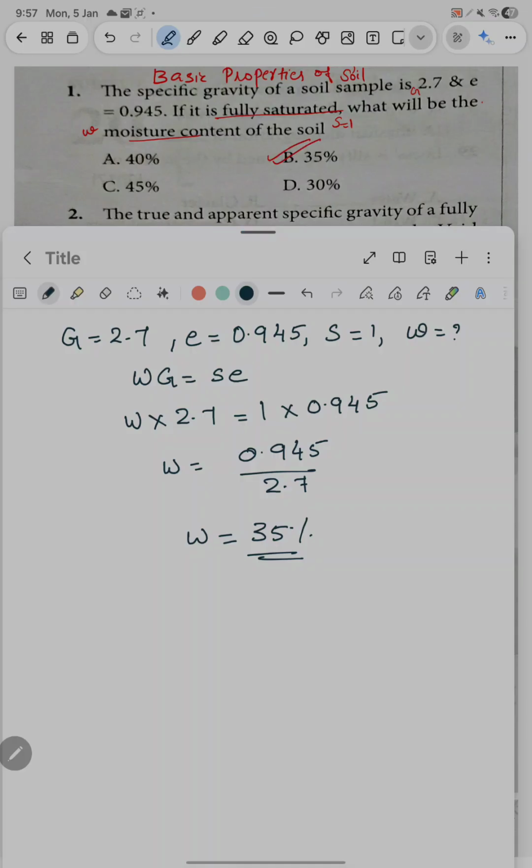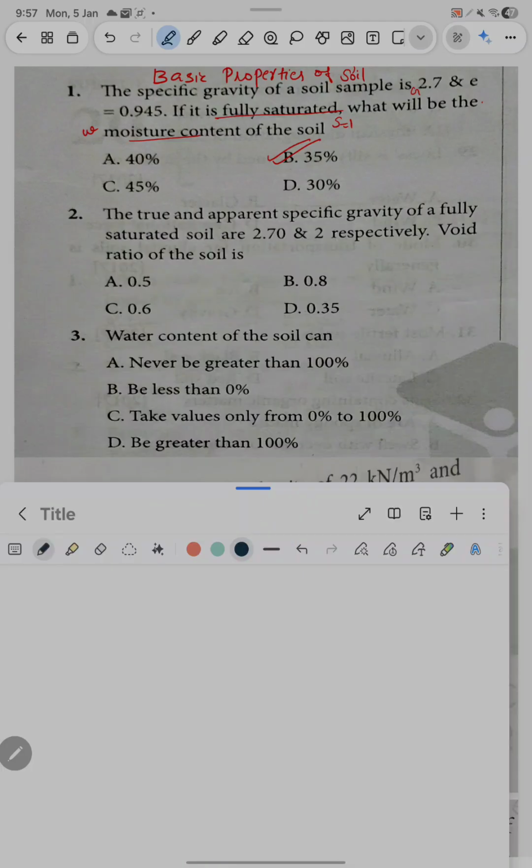Okay, next question. The true and apparent specific gravity of a fully saturated soil are 2.7 and 2 respectively. True specific gravity denoted by GS, also called true or absolute specific gravity. Apparent specific gravity, another name is bulk specific gravity or mass specific gravity, denoted by GM, respectively.